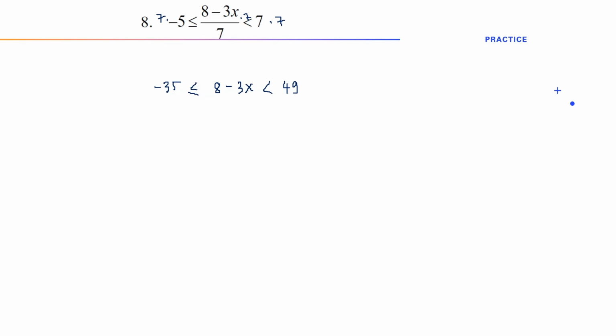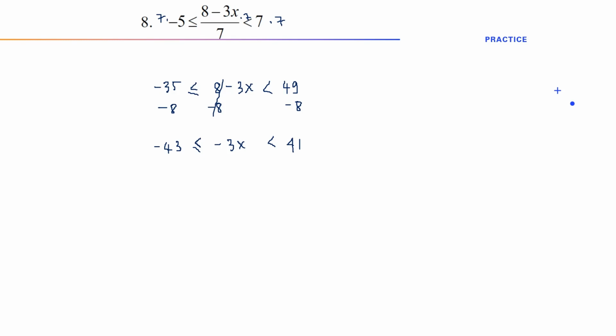Now we subtract 8, keeping the same directions. Negative 35 subtract 8 is negative 43, and then this one is negative 3x, and then we have 49 minus 8 is 41.